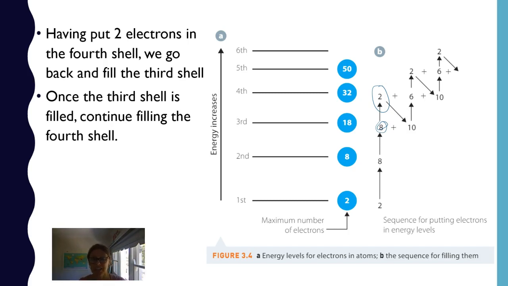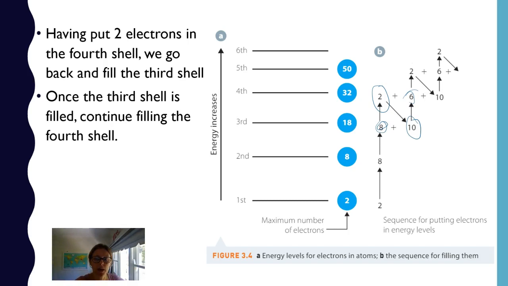Now for the next element that we go to fill up, we have to go back and fill up the rest of the third shell first. So then we go back and fill the remaining 10 electrons in there. Now we already have 2 electrons in our fourth shell, so we're going to put another 6 in there, where we're working again around 8.